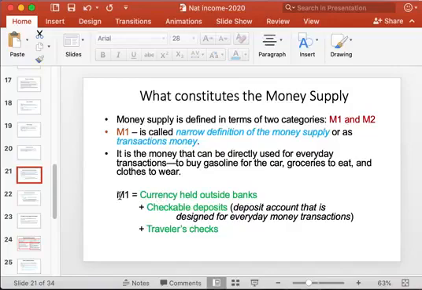So money supply M1 is equal to the currencies held by people in their hands plus checkable deposits, which is nothing but a deposit account designed for everyday money transactions, plus traveler's checks.